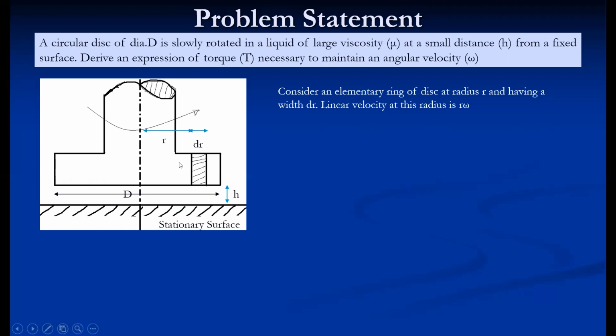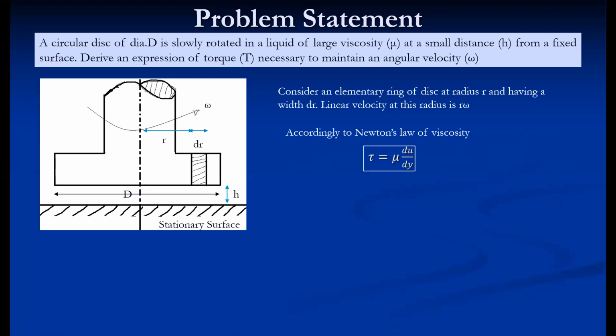Obviously the velocity variation across this particular ring is very, very small, so we can neglect it here. Now here we can apply the expression.